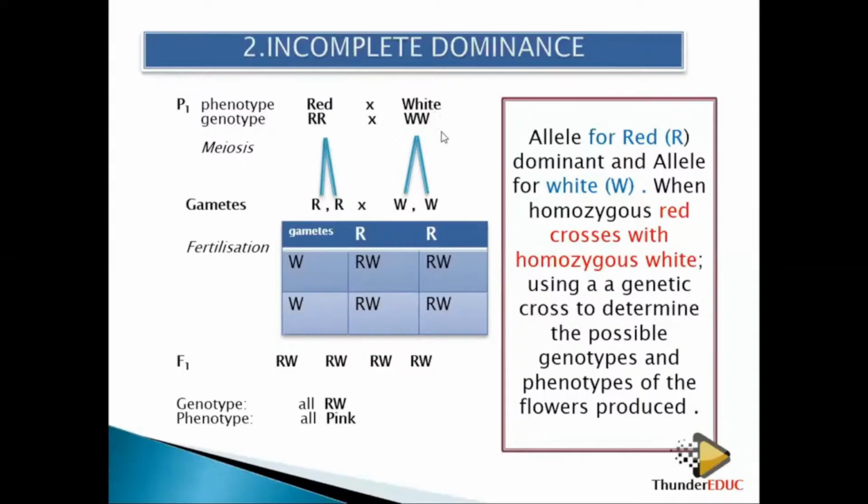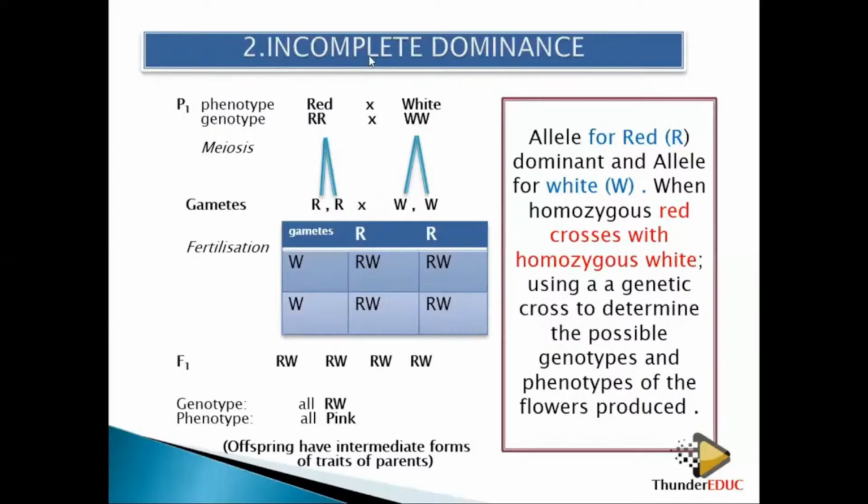So it shows that it is an intermediate of the two. So it gives me pink. It shows that this is incomplete dominance, whereby I produce a different color, and offspring have an intermediate form of the trait of the parents. So that's how I can describe them.